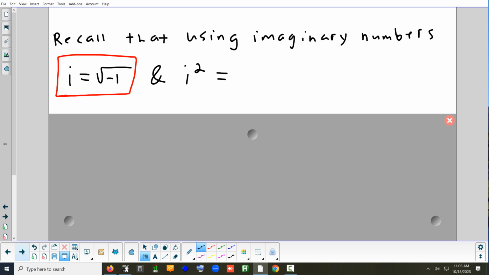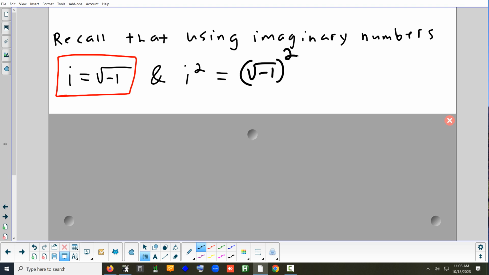Now, what's going to happen when we do some multiplying is we're going to end up with i squared. And that we need to know how to simplify. Okay, so here's i, and there it is squared. What happens when you square and square root something? It cancels out, and you're left with what was under the root symbol to begin with.